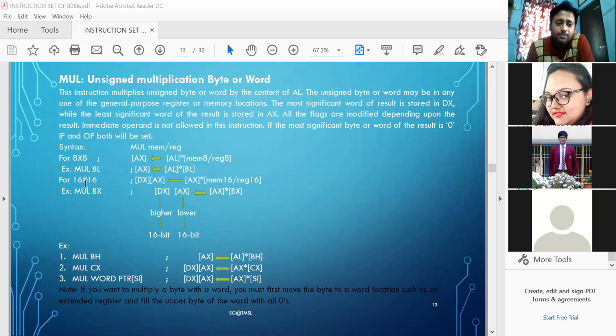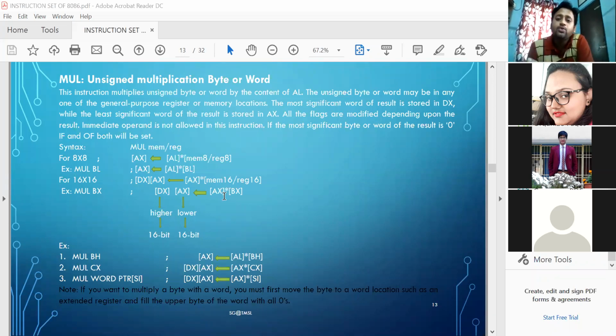And if multiplication is performed for two 16-bit numbers, that 16-bit number may be BX, CX or DX, whatever, but the multiplication can be performed using AX. Like if it is written as MUL BX, that means AX into BX. For two 16-bit numbers, the result may be 32-bit.